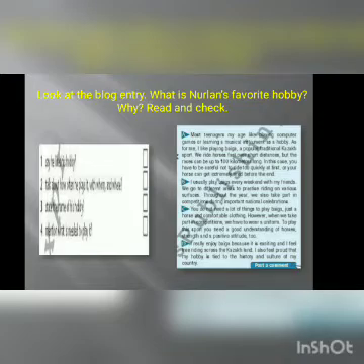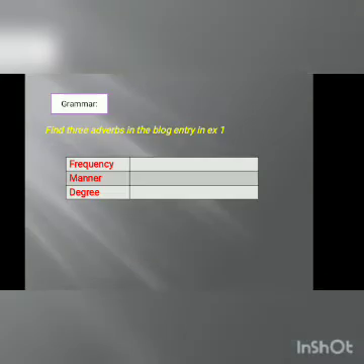State the name of his hobby, mention what is needed to play it. Now, find 3 adverbs in the blog entry in exercise 1. Find adverbs of frequency, manner, degree.